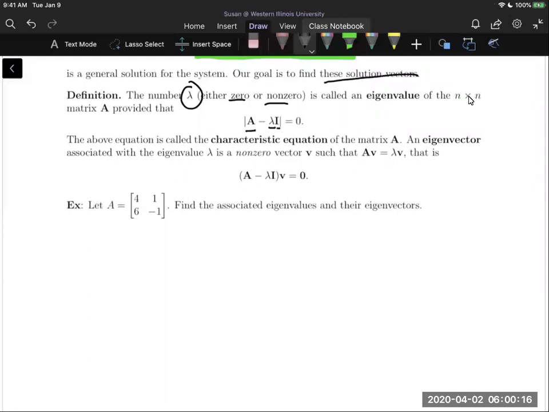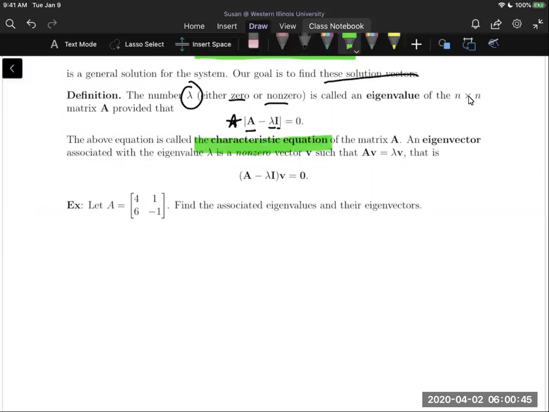Now recall that the determinant of a matrix is not a matrix. It is either a scalar value, if your matrix is comprised of all scalar entries, or it's going to be some kind of an expression if you have a variable in there. This equation up above here, determinant of A minus lambda I equals 0, is called the characteristic equation.